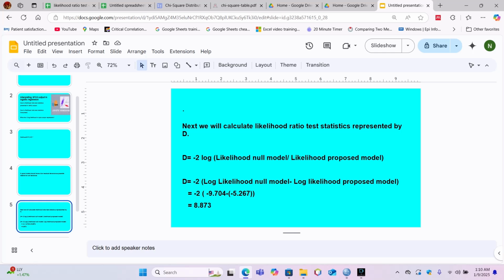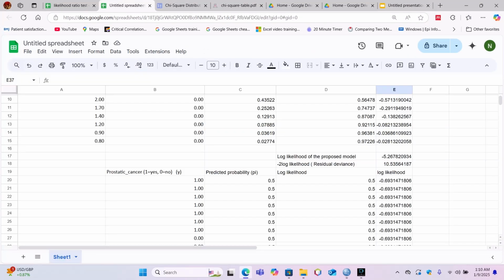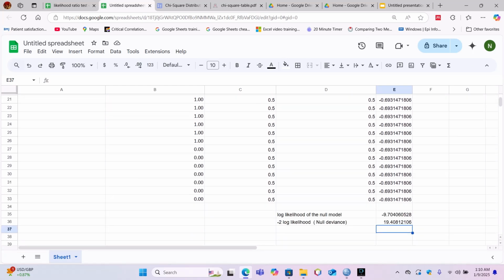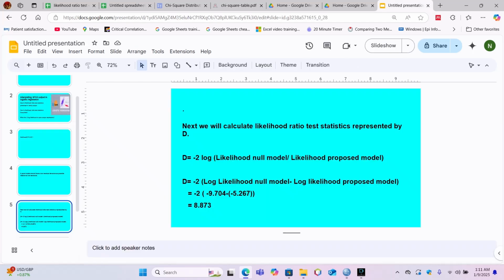So we'll use the values from before: 9.704 for the log likelihood of the null model, which we computed here. Similarly, the log likelihood of the proposed model was computed as 5.26. So when we do this computation, we get a value of 8.873.